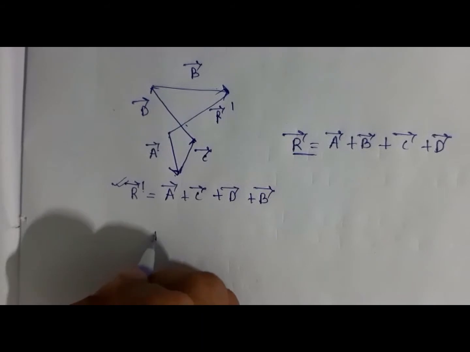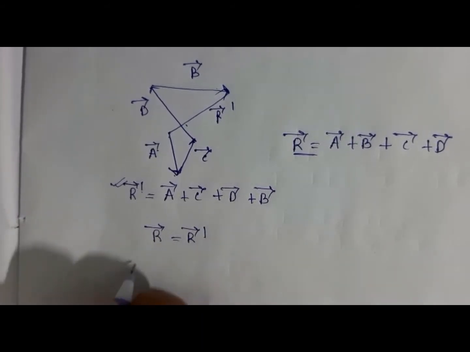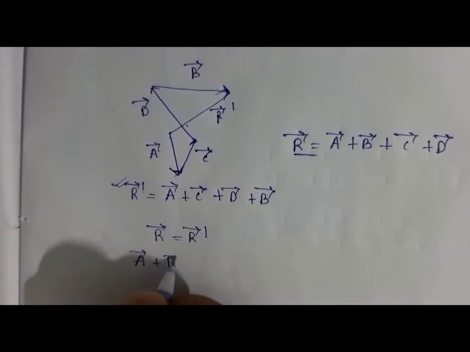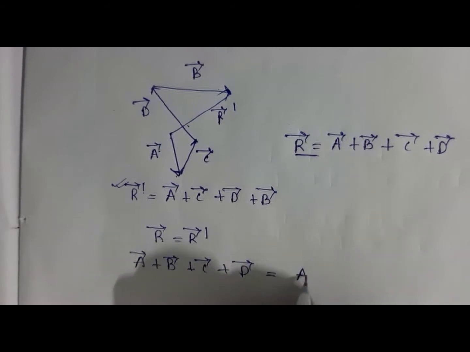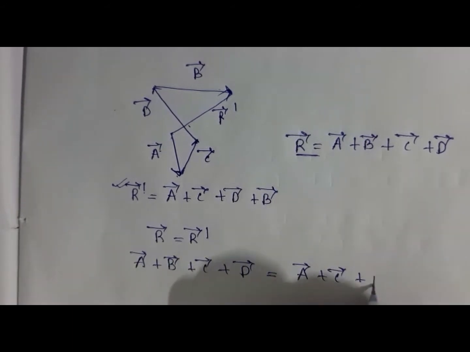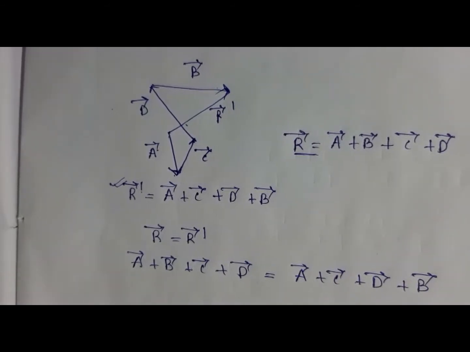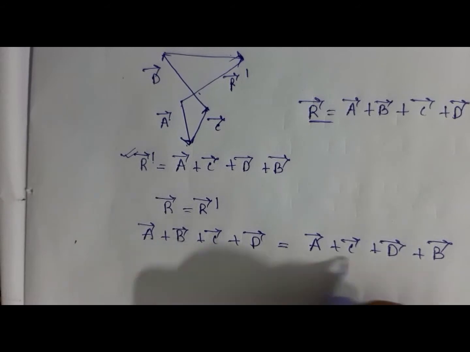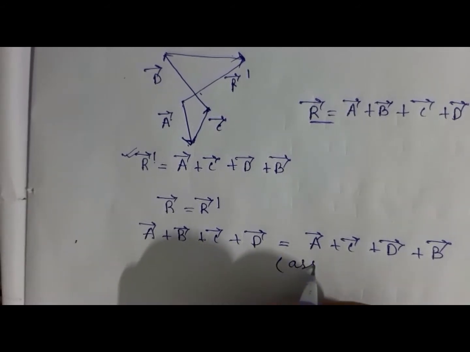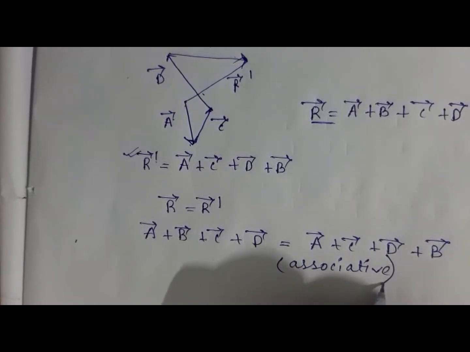Now we can see that this is similar to this one: your A plus B plus C plus D is similar to your A plus C plus D plus B. So we can say the sum of these vectors is associative.